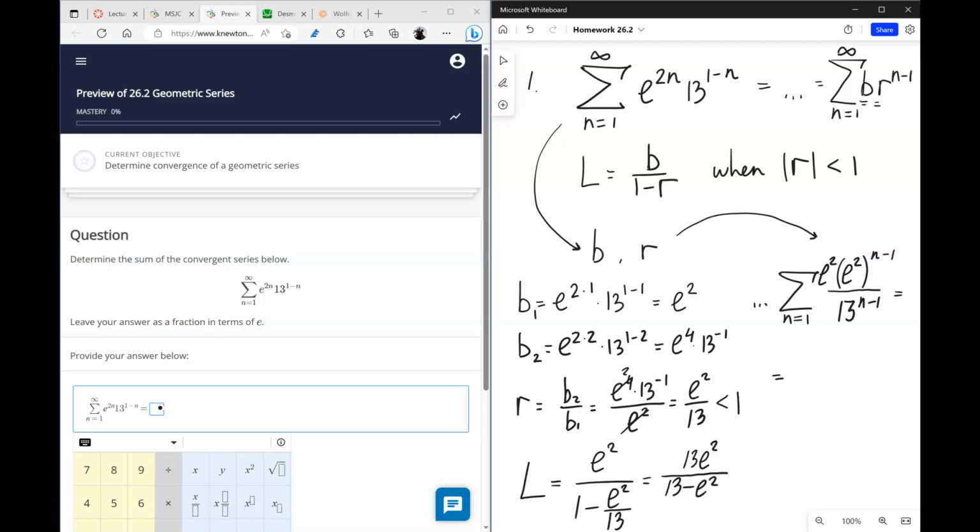When we do that, we end up with the following expression. We have e squared, and now e squared and 13 can be combined under the same power, and this is your b, and this is your r, which are exactly the same as we found earlier.